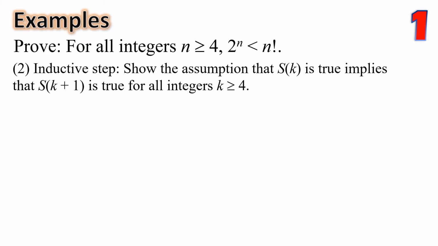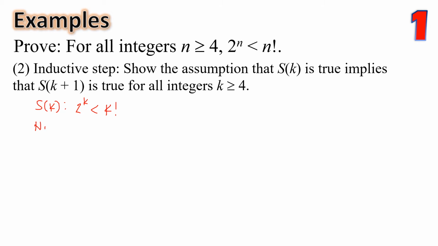For the second step, that is the inductive step, we're going to show that the assumption that S of k is true implies that S of k plus 1 is true for all integers k greater than or equal to 4. Suppose that S of k, which is the inductive assumption, is 2 raised to k is less than k factorial.